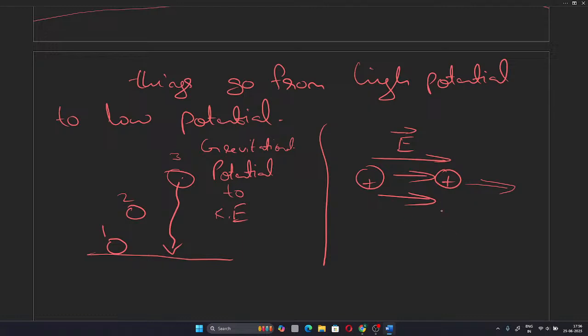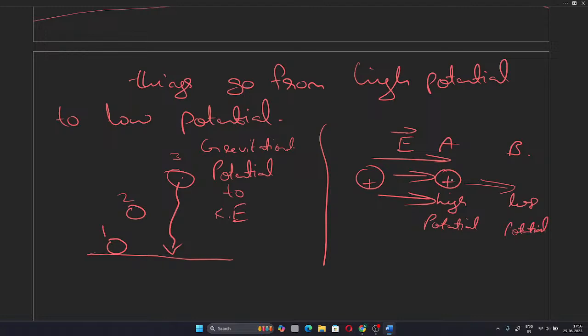We can say that here there is high potential, at points, let's say A and B. At A, there is high potential because the distance between the positive charges is less, and at B there is less potential.